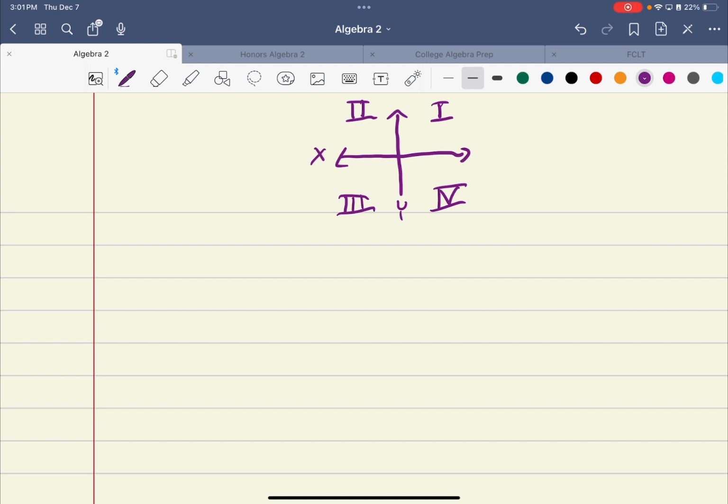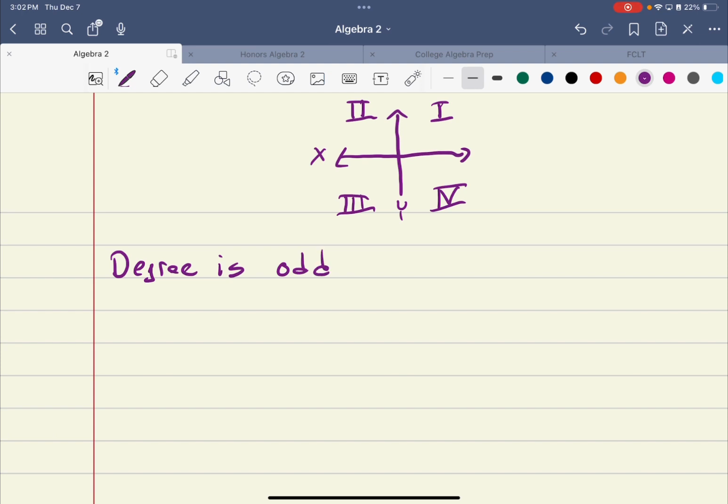So when we're dealing with end behaviors, we're worried about 2 things. We're worried about the degree, and we're worried about the leading coefficient being positive or negative. Those are the only 2 things we're worried about. So, if we're talking about the degree, let's say that the degree is odd.